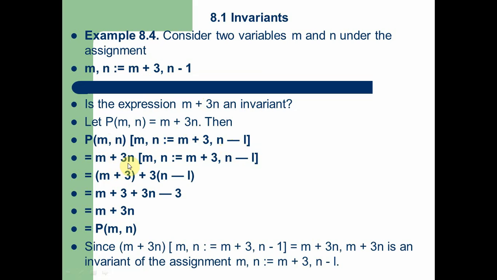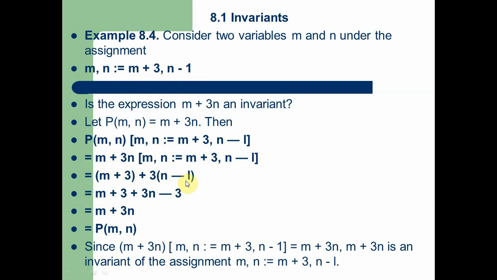When we change the values, the value of m becomes m plus 3 and the value of n becomes n minus 1, which we write here. So using this statement, the value of m is m plus 3 and the value of n is n minus 1, which we applied here.